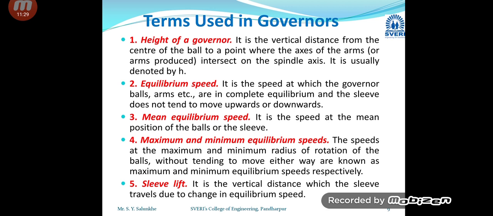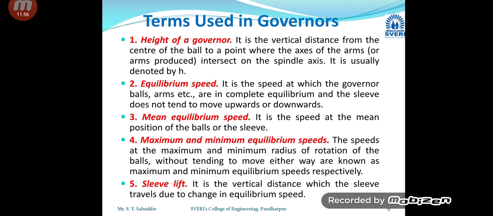The next definition is of maximum and minimum equilibrium speed. It is the speed at the maximum and minimum radius of rotation of the balls. The maximum radius is when the balls are flying out, whereas the balls moving inside have limitations, and that will be the minimum position.